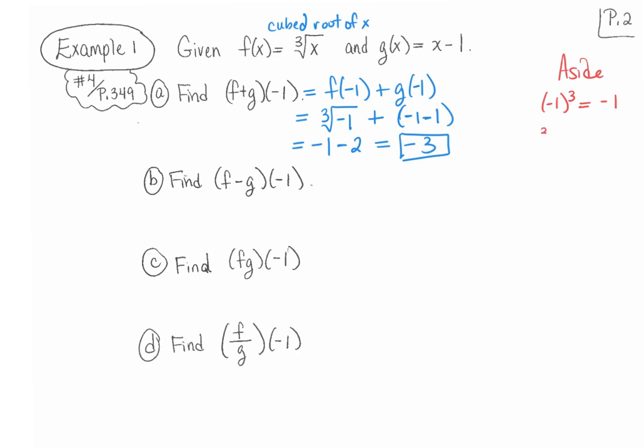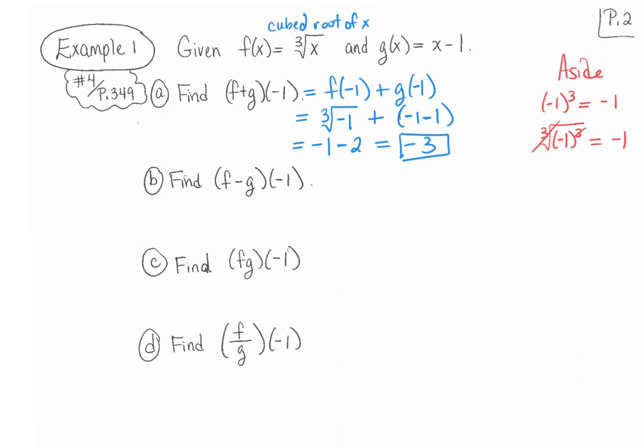So whenever we take the cube root of -1 to the third power, that cube root cancels out with that 3 technically, and you get -1. Good question.